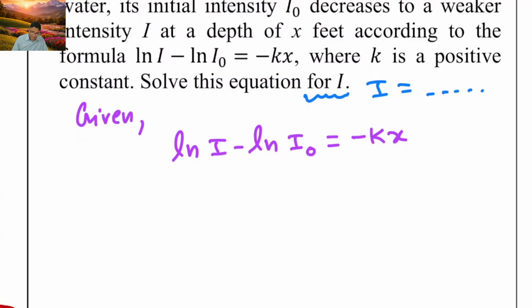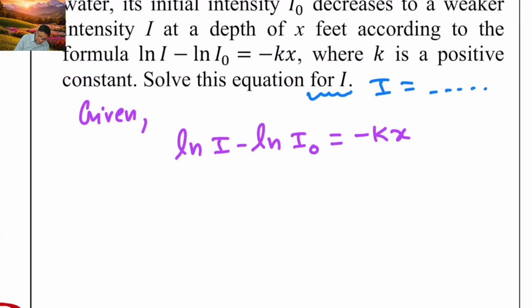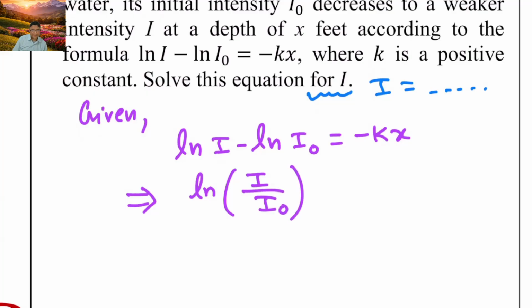Now I want to isolate I, but if I directly take the ln I naught to the right side, it works, but I think that will be lengthy later on. I'm able to think a little ahead and realize that I could first combine these two logarithms, ln I minus ln I naught. So now I have only one natural log in the whole equation, which can be converted to exponential easily, right?